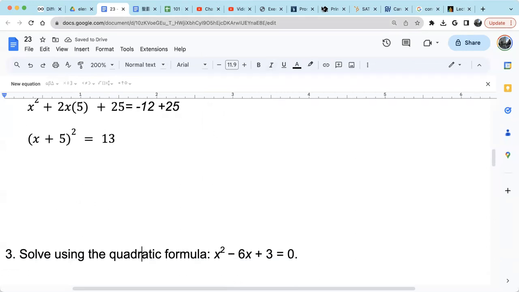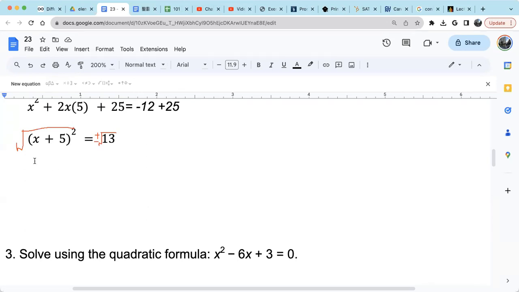Now I can square root both sides. I square root this side, and I square root the right-hand side. But when I square root, I get a positive value and a negative value, because a negative number squared is also positive.